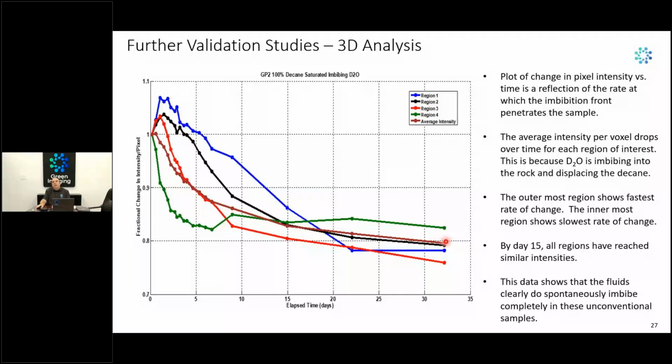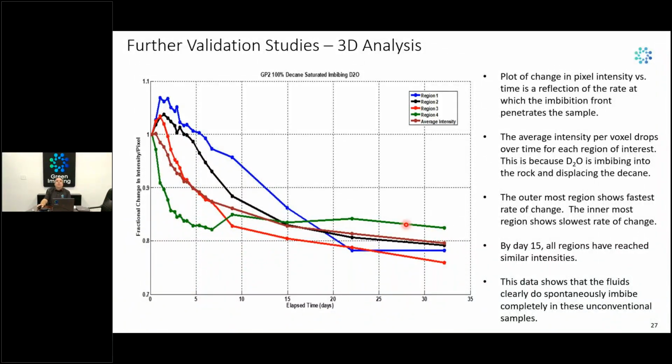But over about 25 days, all 4 regions showed roughly the same decrease in intensity. So this showed that, yes, our method of using spontaneous imbibition to track the changes in wettability is valid, because we are seeing full penetration of the sample.